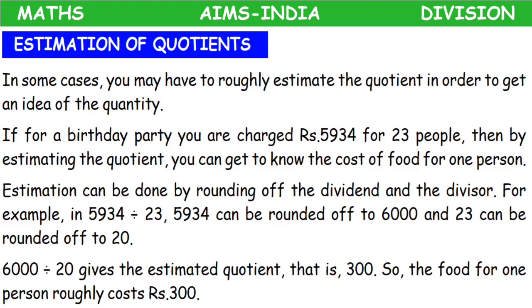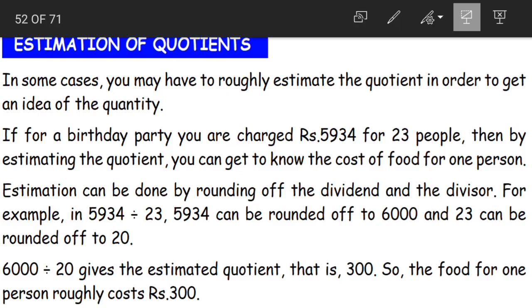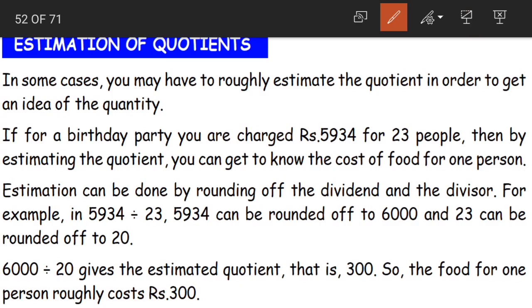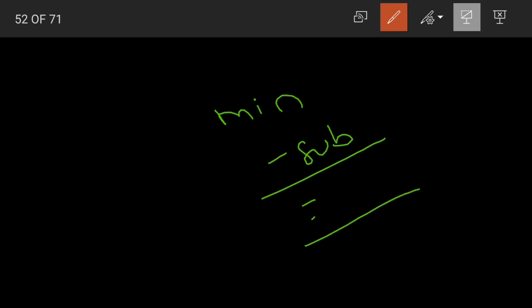Now how to find out the quotient? If you remember, in estimating sums, what did we do? We rounded off the addends and then added both the numbers. Then we got our estimated sum. Even in the estimated difference, we rounded off the minuend and subtrahend to the nearest tens or hundreds, and then when we subtracted, we got our estimated difference.